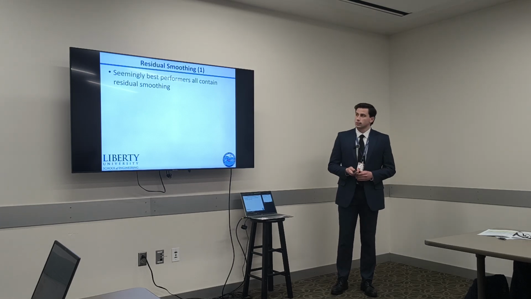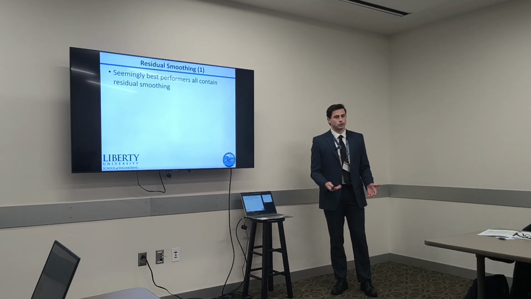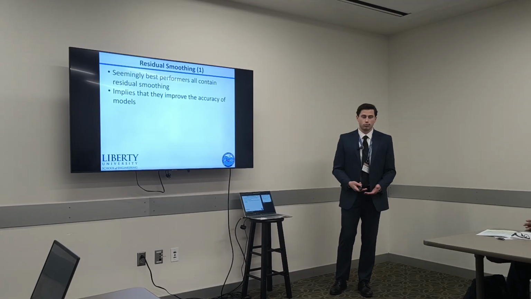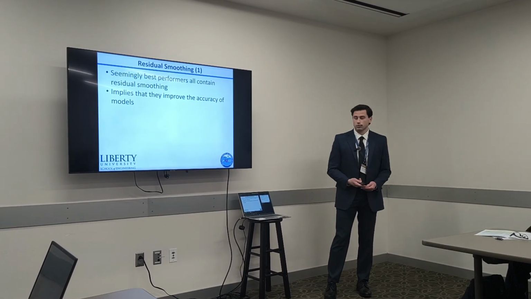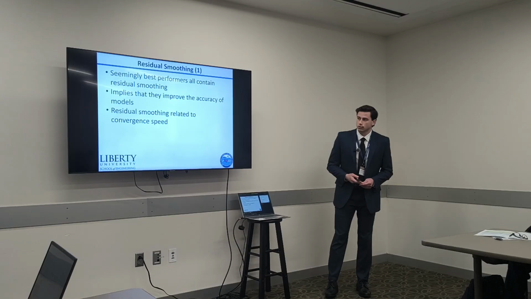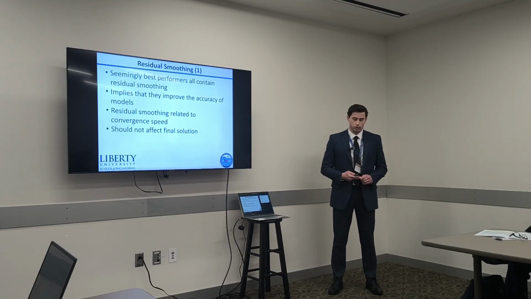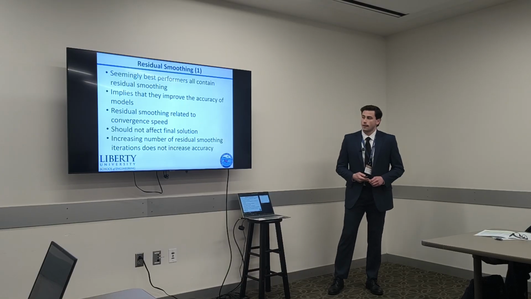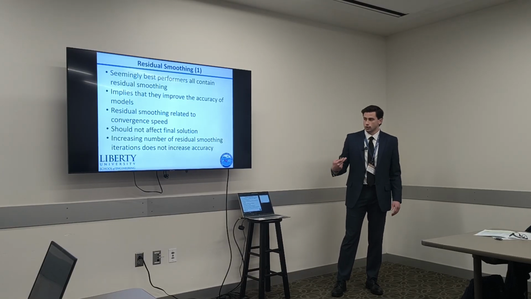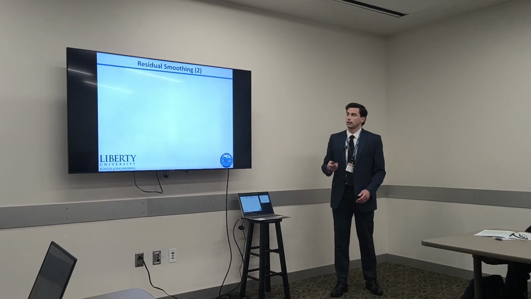So seemingly the best performers all contain residual smoothing, which is interesting, and it would imply that they improve the accuracy of our models. However, residual smoothing is related to convergence speed and thus should not affect your final solution. In addition, increasing the number of residual smoothing iterations doesn't increase your accuracy, which we'll show you in just a second.